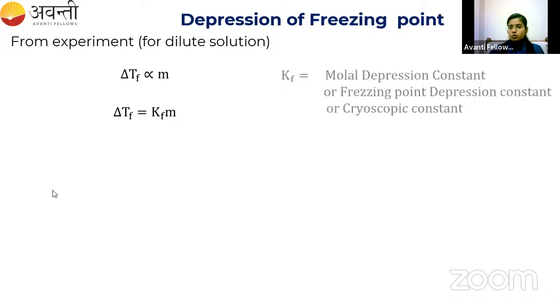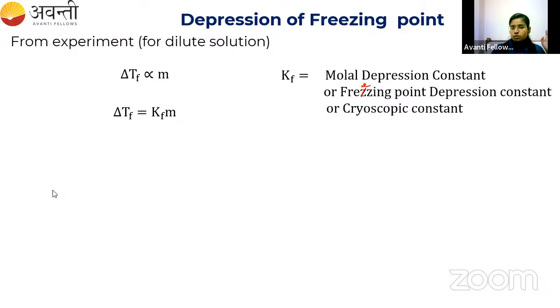The first name is molar depression constant. Second is freezing point depression constant. And the third name is cryoscopic constant. There, molar elevation, here molar depression. There, boiling point elevation, here freezing point depression. There, ebullioscopic constant and here cryoscopic constant. That's all. So if you relate these two and study, it will be easy.